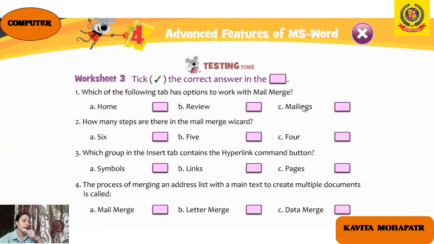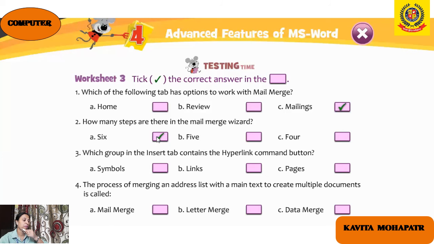Which group in the insert tab contains the hyperlink command button, symbols, links or pages? This is links. The process of merging an address list with the main text to create multiple documents is called mail merge.